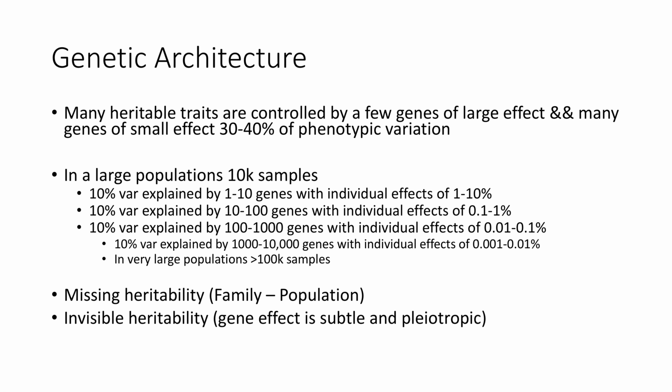You're not going to be very confident on exactly which 100 to 1,000 genes they are, but they're likely to be these small effect genes that are not noise. There's even another category of very small effect genes that have been identified in very large studies. You wouldn't really diagnose somebody as being susceptible or not based on a variant in any of these small genes.